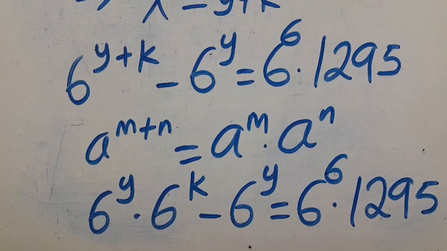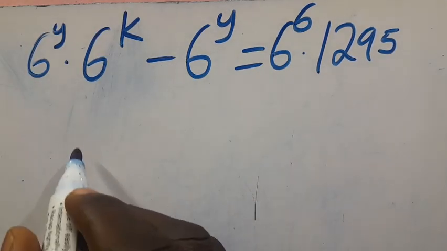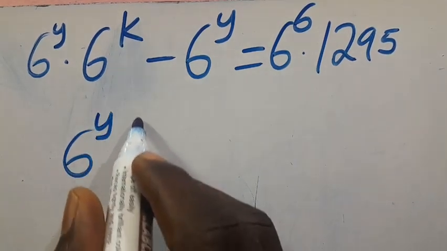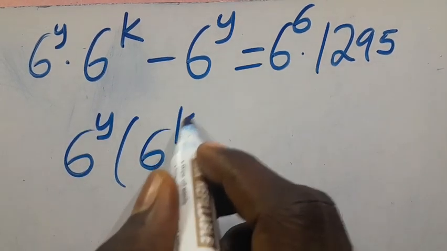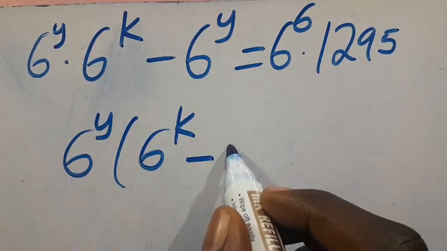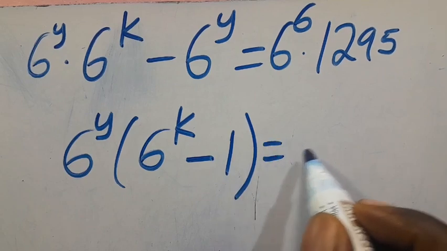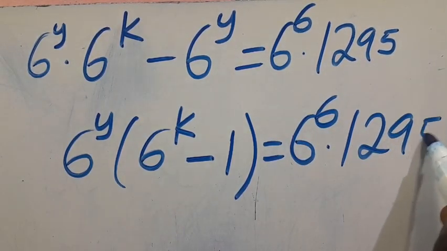From here, when you factor out 6 to the power of y, we have 6 to the power of k left minus 1 left, equals 6 to the power of 6 multiplied by 1295.